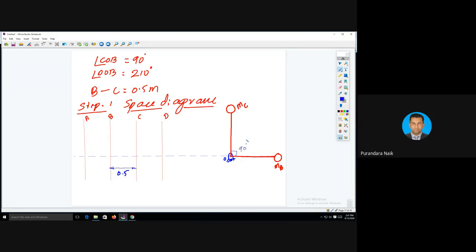After drawing C, let us go to the next mass, that is D. D is 210 degree with B. You need to measure the angle from B. So that is 210 degree. 180 is this line, the negative x-axis. 210 is somewhere here.